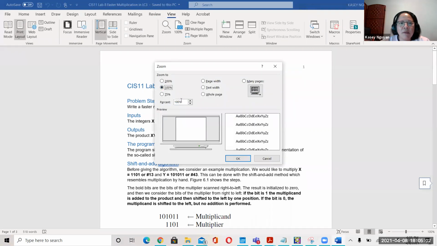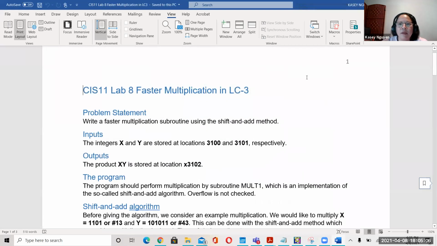Let's talk about what's required in our lab. So in our lab this week, we are going to multiply, and we need to make it faster using subroutine, and we are going to use what's called the shift and add method.